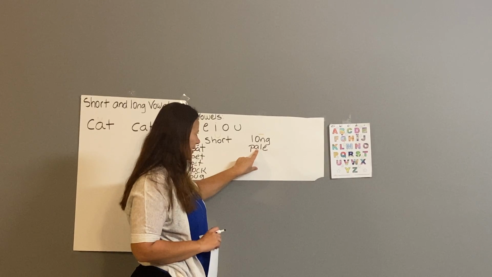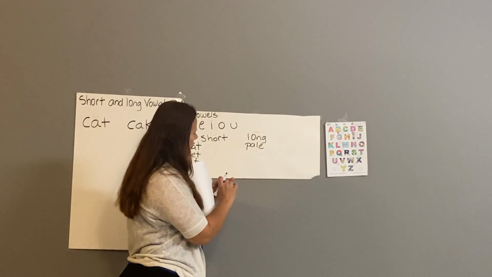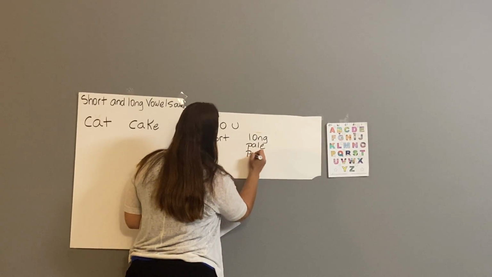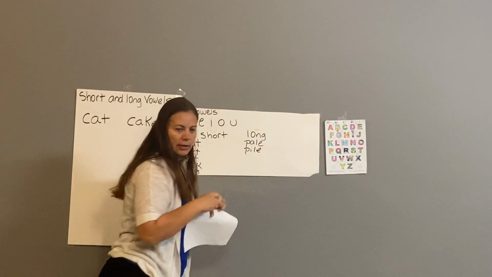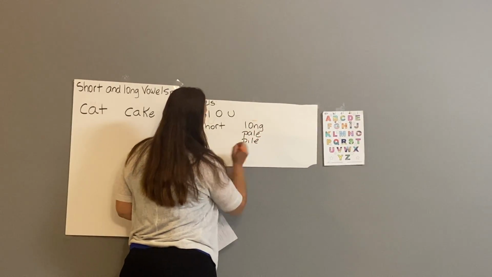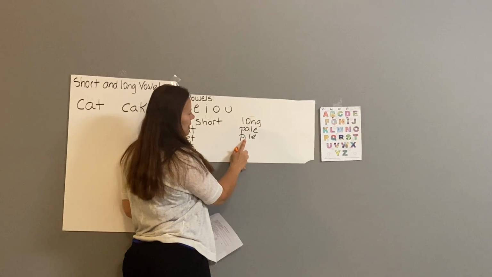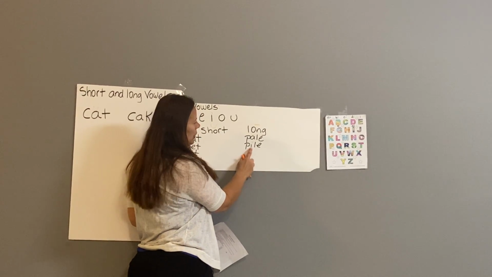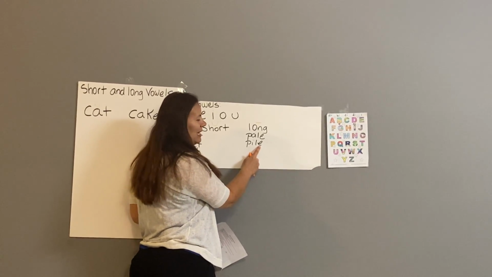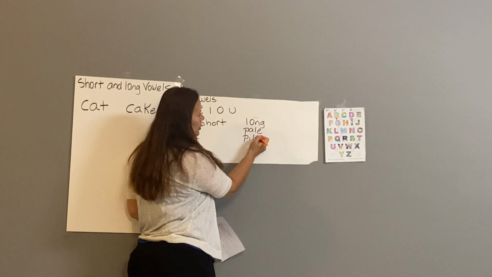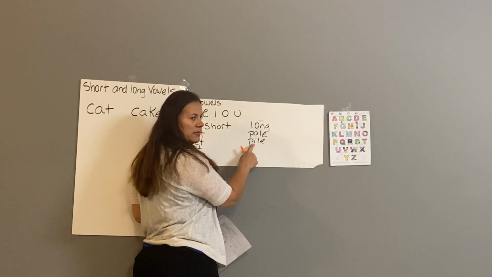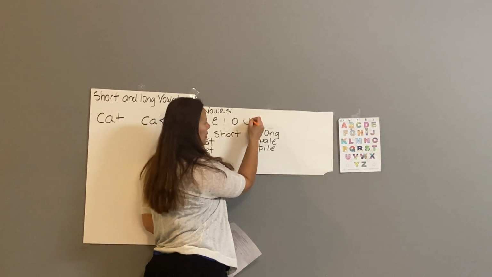Whenever you see a word that has E at the end, pale, pilot. How do I know to pronounce this one as it or I? You gotta look at the vowel at the end. If your vowel at the end is E, the E you do not sound it out. It's silent. And your first vowel becomes a long sound.